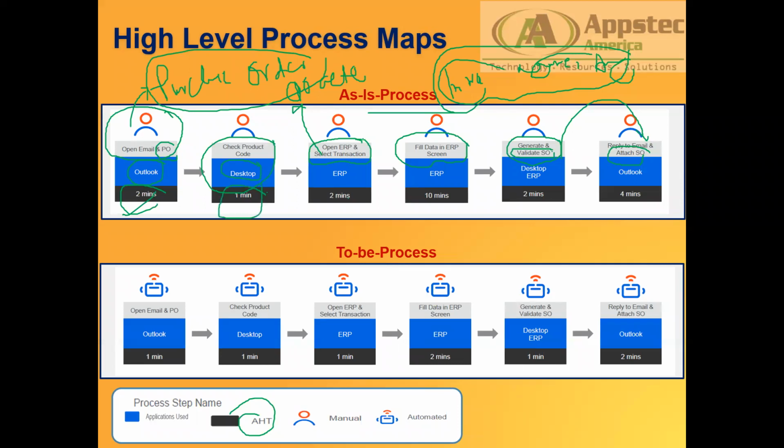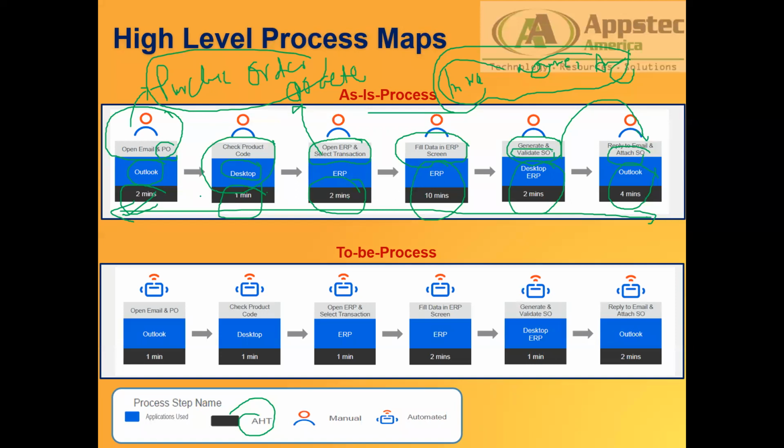To open the ERP Oracle application and select the transaction where I'm going to upload the data, I need 2 minutes. For filling in all the information, I need 10 minutes. To generate and validate the SO in the application, I need 2 minutes. And then to reply back with the attachment, I need another 4 minutes. So this is the end-to-end time duration that I need to complete this process manually.